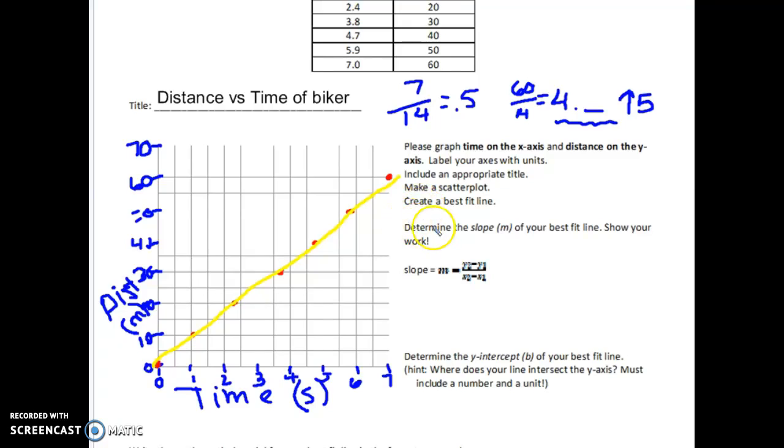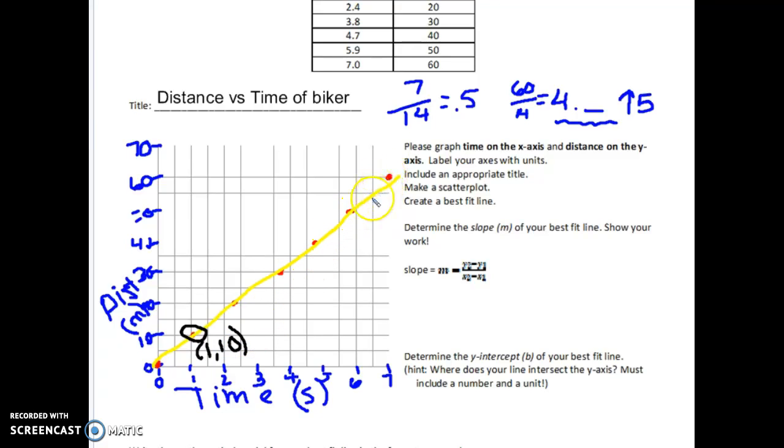But after we do that, we're looking to determine the slope of our best fit line. Keep in mind at this point that you don't necessarily have to pick data points. You can pick points that are along your best fit line. So if I'm just taking a look at this, I see this point right here. My best fit line pretty much crosses over at 110. So I'm going to label that 1, 10.